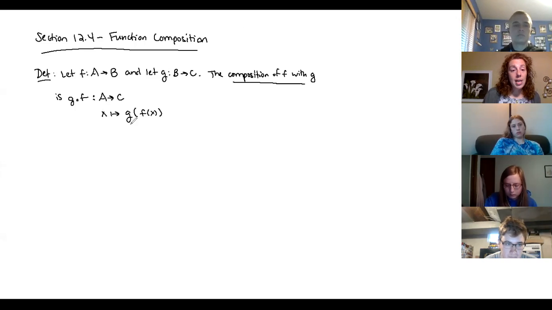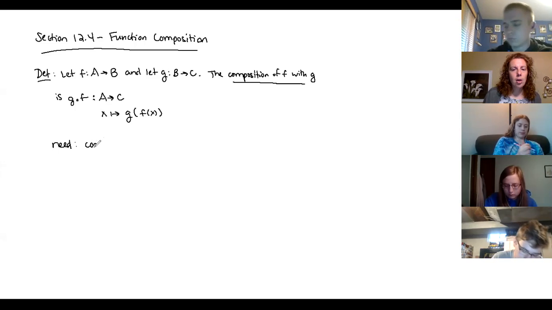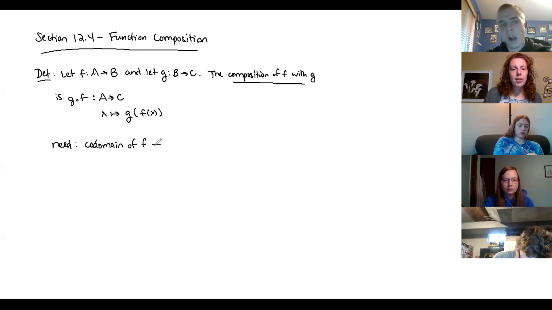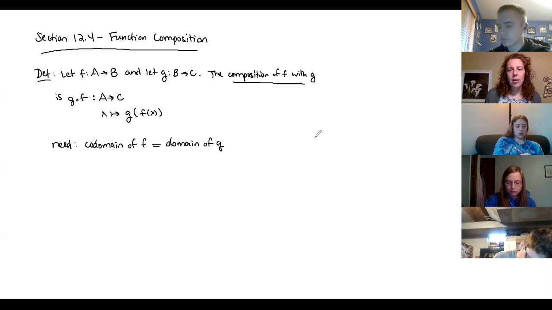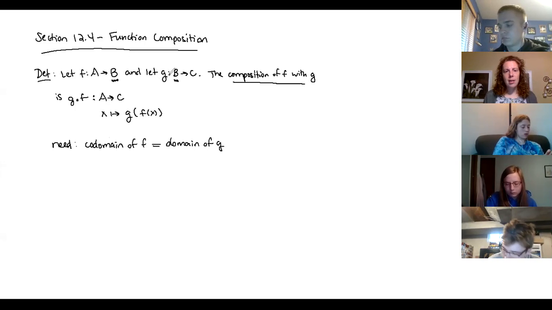So what we need for this to work is the codomain of f to equal the domain of g. That's what we need in order for this to work out. You can also do f circle g, right?